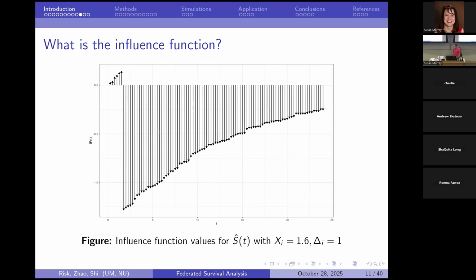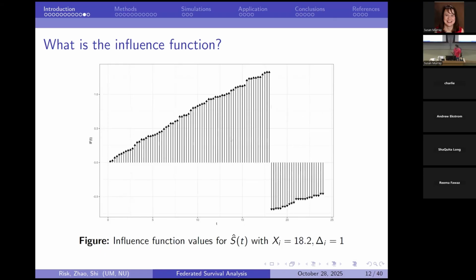And this is a distinctive pattern that you'll see if you plot out any individual subject's influence function. This is another individual who experienced an event instead at 18 months. And you can see they have this positive, increasingly positive actually, effect on the survival curve until they experience an event and then they have a negative effect. And this distinctive increasing pattern, that's because of the effect of censoring.